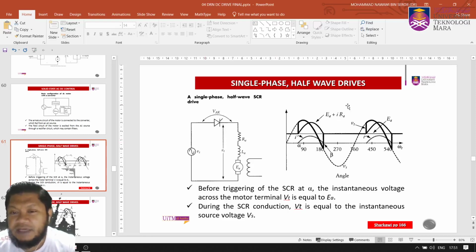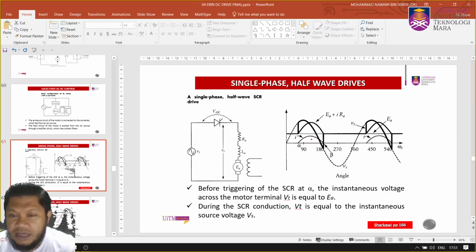If you look at the current in the circuit, it is discontinuous. Remember, this is the discontinuous condition, because the current goes to 0 after some time, then rises again.